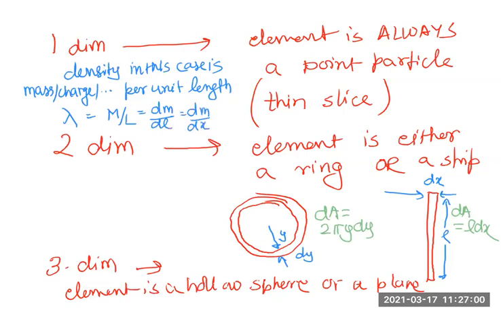Later this mass will become charge, so it will become dq by dx or dq by dl, right? Then maybe it will become current. In that case it will be di by dl, di by dx, whatever. So the notation will keep on changing, but the principle will remain the same.